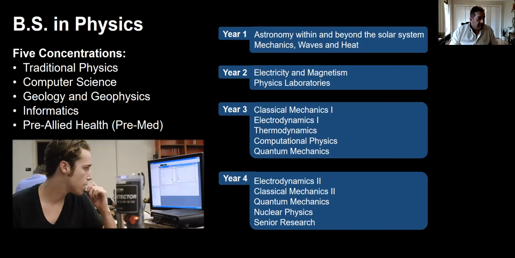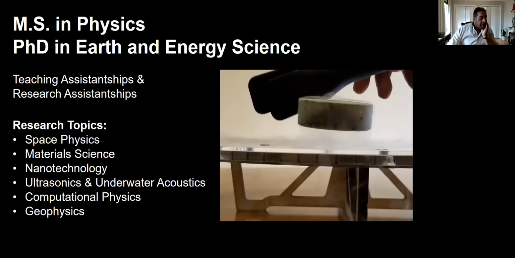I don't know who is familiar with the American education system. Show of hands. No. So in contrast to Europe, where you go and study medicine, in the US you have to study something and then go to medical school. Medical school is like a graduate school. Okay? So we also offer masters in physics and a PhD in earth and energy science.